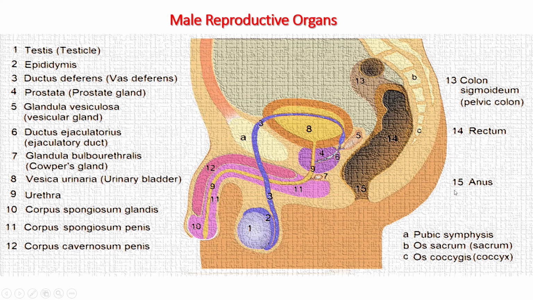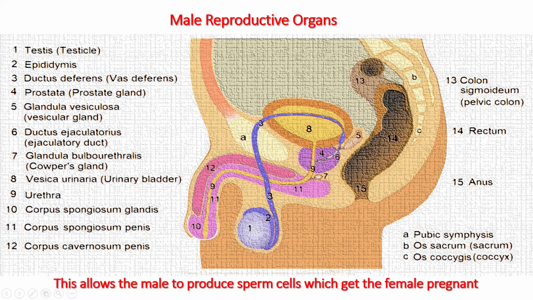So all these, nearly 15 components, play a major role in the male reproductive system, and this allows the male to produce sperm cells which get the female pregnant. Here, this system is involved in spermatogenesis, and these sperm cells are responsible for producing pregnancy in the female.